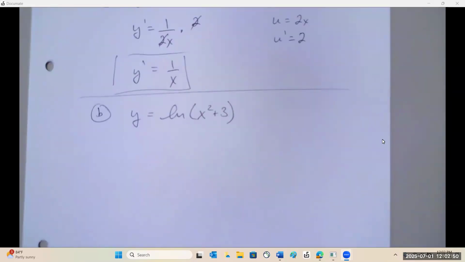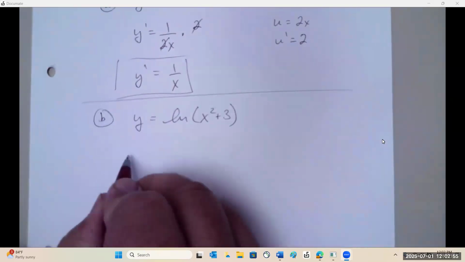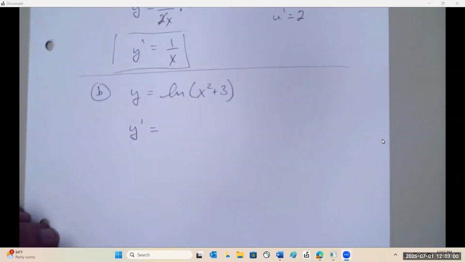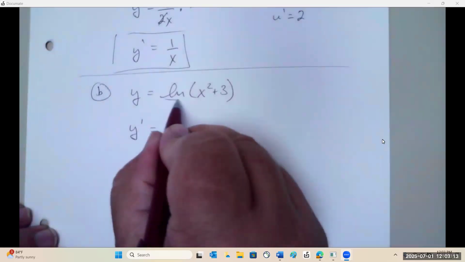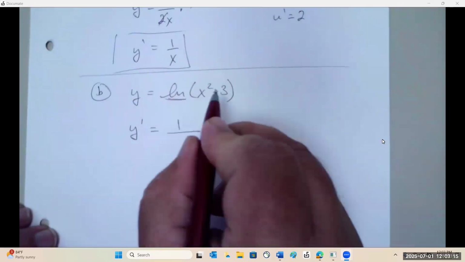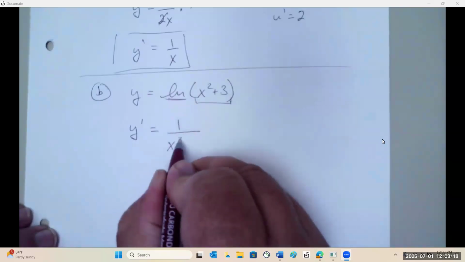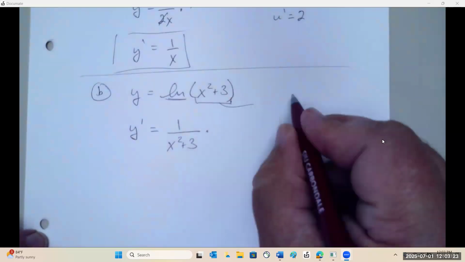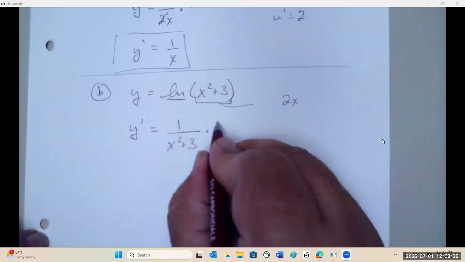How about that one? What's the first derivative? So the derivative of ln is 1 over whatever that is, times the derivative of that, which is 2x.